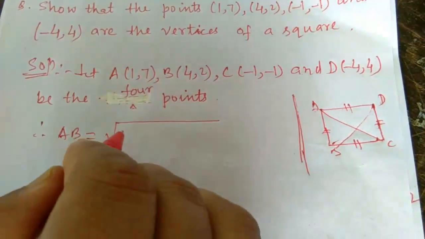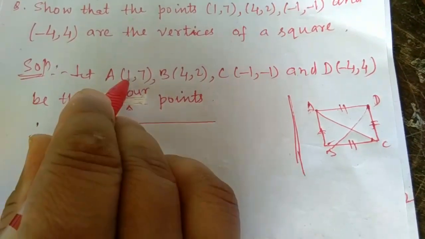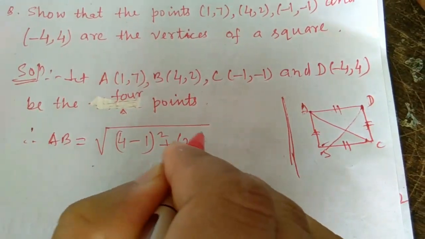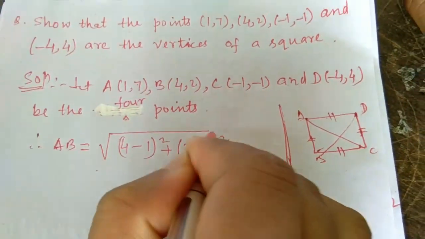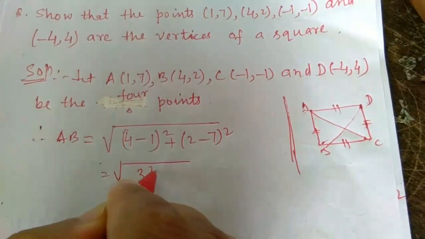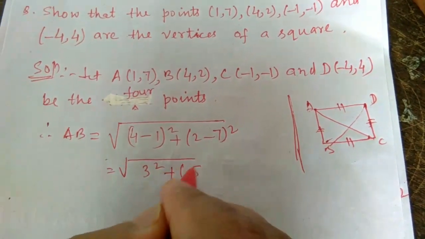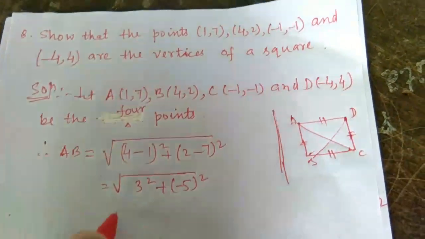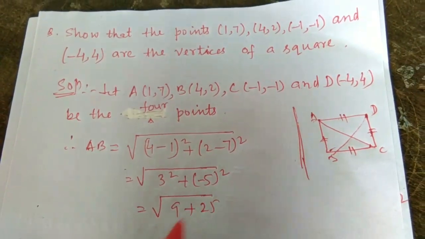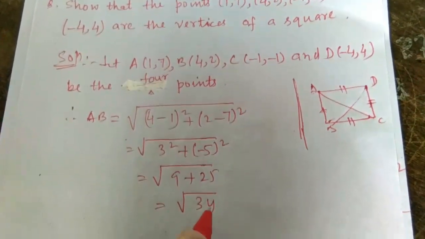Directly applying the formula: square root of (x2 minus x1) whole square plus (y2 minus y1) whole square. 4 minus 1 is 3 square, 7 minus 2 is 5 square. 3 3 is 9, 5 5 is 25. Add it, you will get root over 34.